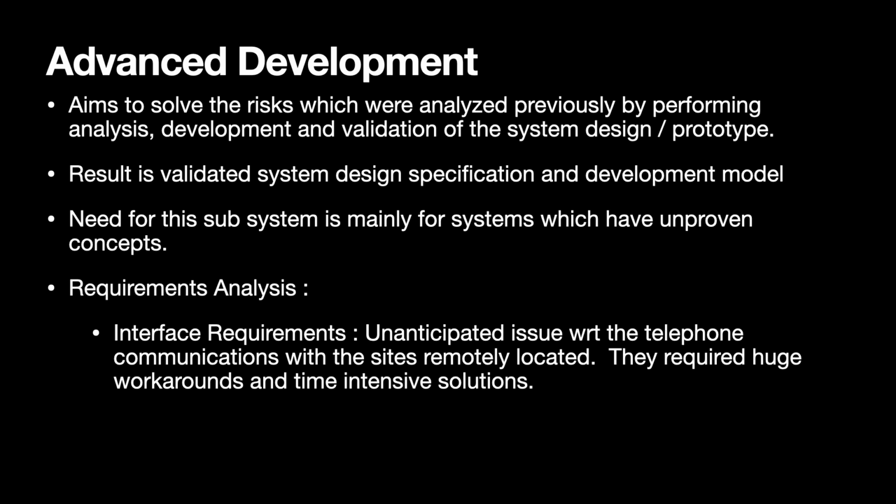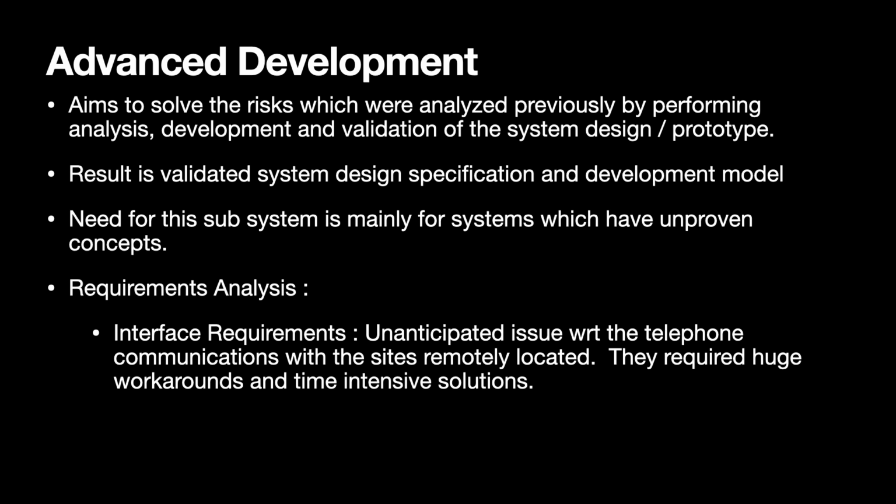The first one is the requirements analysis. There were a bunch of requirement analyses that were done. Let's discuss the interface requirements. Now, when the ICS, that is the interim control segment, was being deployed, there was an interface issue with respect to the telephone communications with the remotely located sites.